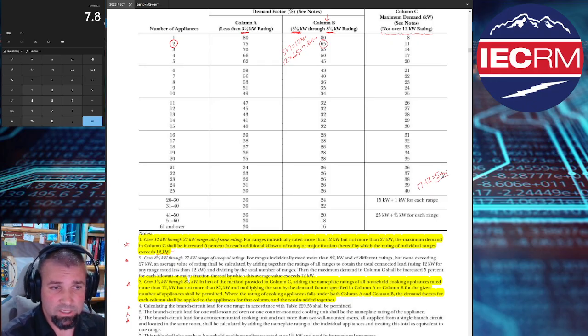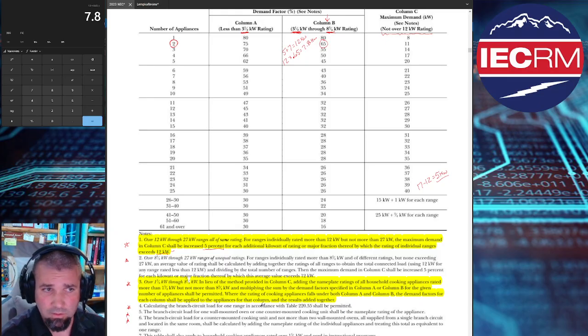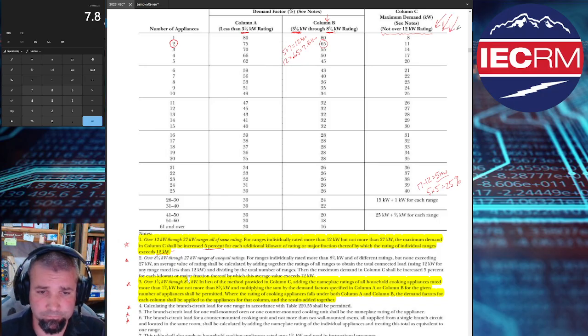So for each of those 5 kilowatts, I have to increase by 5% the number that I get normally inside of column C. I take 5 times 5, since they're 5% each, and that's going to be a 25% increase on whatever my calculation would be out of column C.